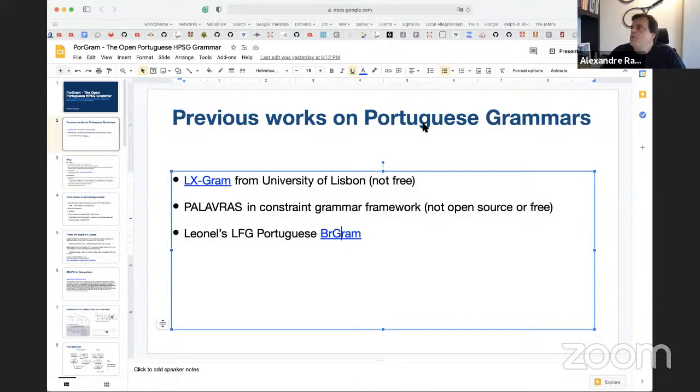But the tool for compiling and using the grammar, the XLE, came from Xerox, so it's still a proprietary tool. I think the code is not actually maintained. In the last years it hasn't had much maintenance on the main code of XLE, but it is distributed by a university in Germany, I think. But in the end, it's not completely free.